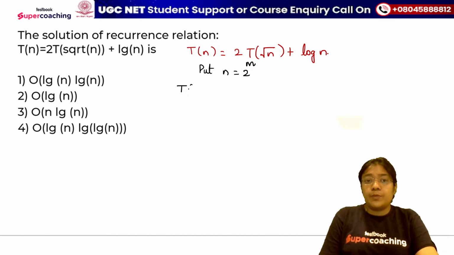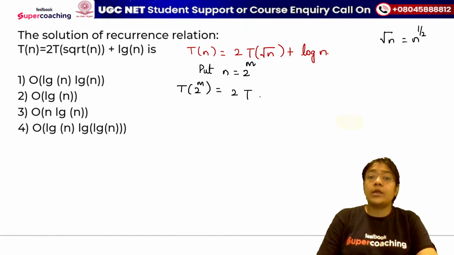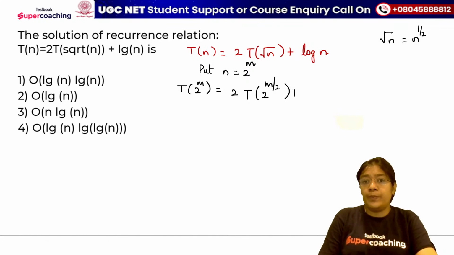T of 2 raised to power m is equal to 2T root n. root n होते हैं n raised to power 1 by 2, और मैं n को लिख रही हूँ 2 raised to power m, so it becomes m by 2 plus log n. If n is equal to 2 raised to power m, तो इसका मतलब क्या है, अगर मैं इस पे apply करती हूँ log, then we'll get m is equal to log n with the base 2.